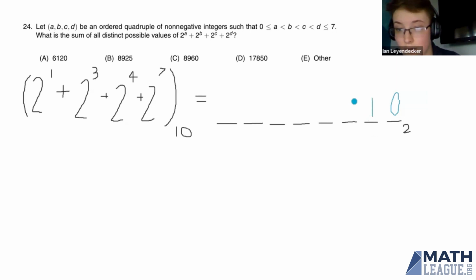We don't have 2 to the power of 2, so 0, and so on. 1, 1, 1, 0, 0, 1.